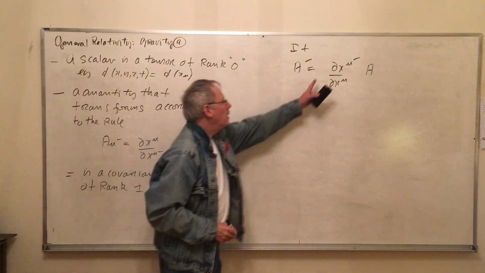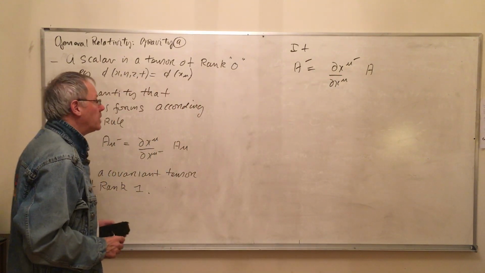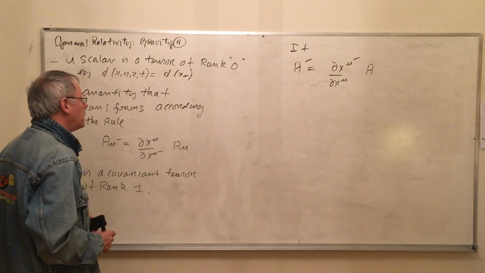Now there is such a thing as a contravariant tensor of rank 1 if we use the inverse transformation. I'll show why that's the case in a minute.